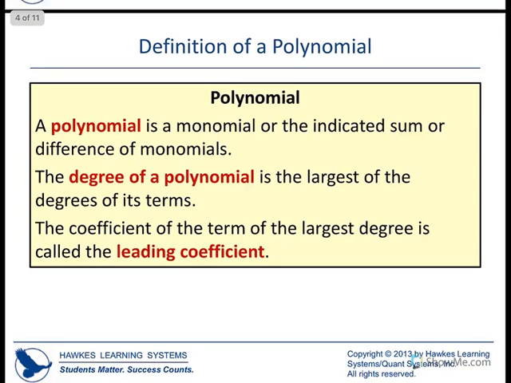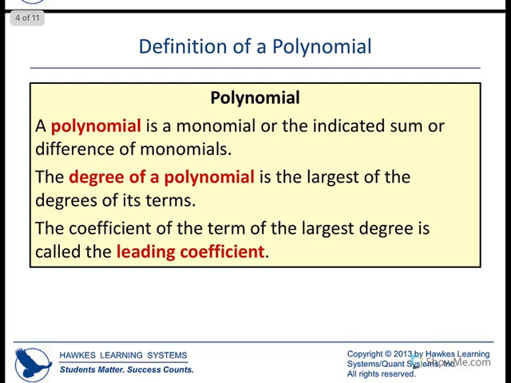Okay, a polynomial is a monomial or the indicated sum or difference of monomials. The degree of a polynomial is the largest of the degrees in its terms.